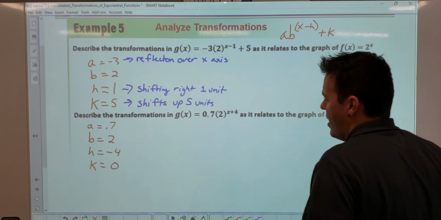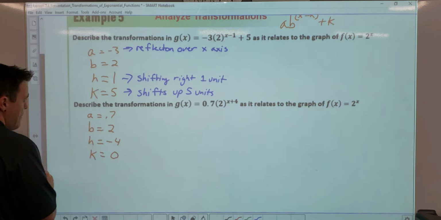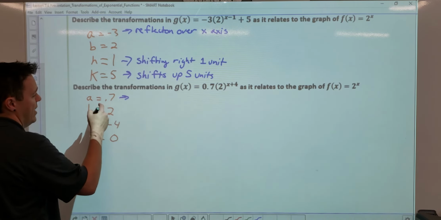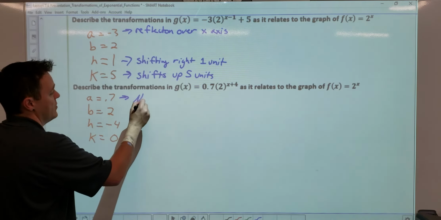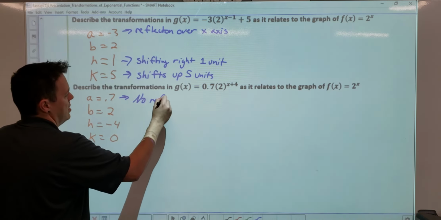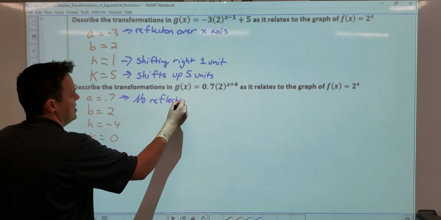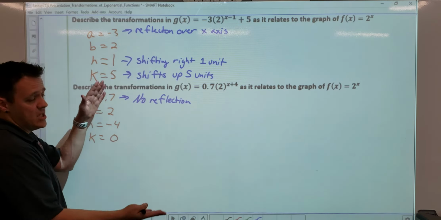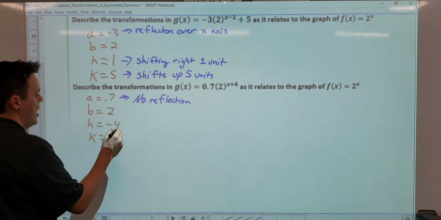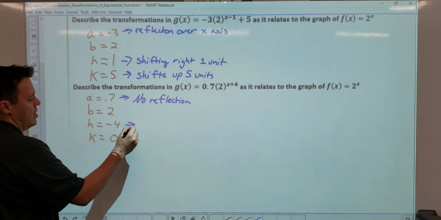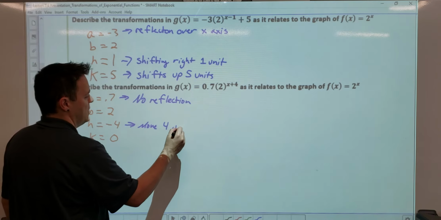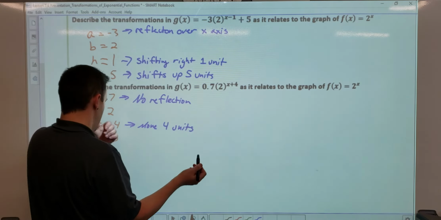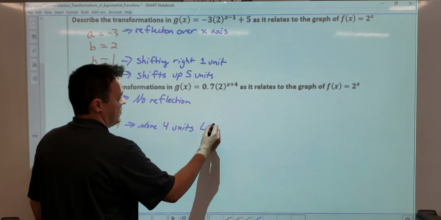So I'm not going to graph this last one, but I want you to write these down: when you graph A and it's not a negative, it's a positive, there is no reflection. It just basically moves the graph, either stretching it or shrinking it. And then h is -4 would shift 4 units left.